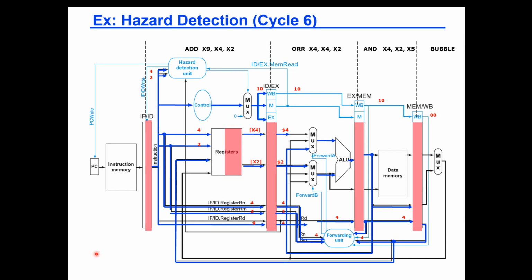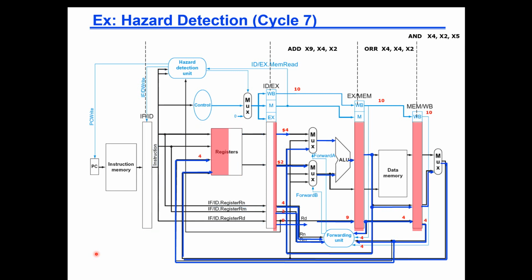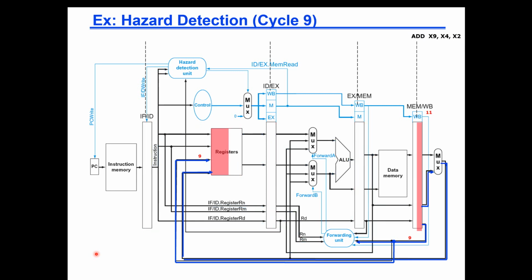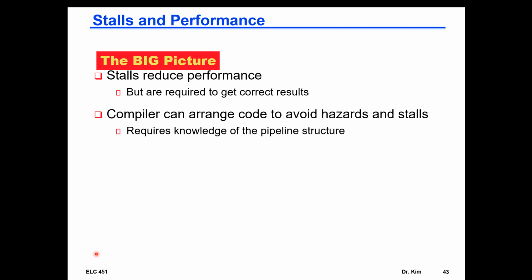It becomes tedious and cumbersome. So hopefully you get a good appreciation of the things that are involved in dealing with data hazards and how to generate stall cycles in a pipelined CPU.